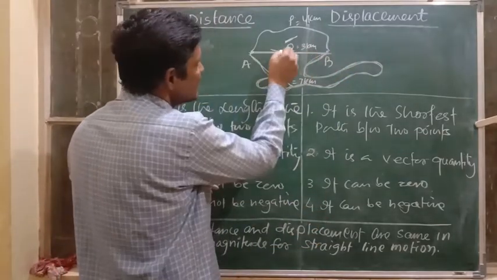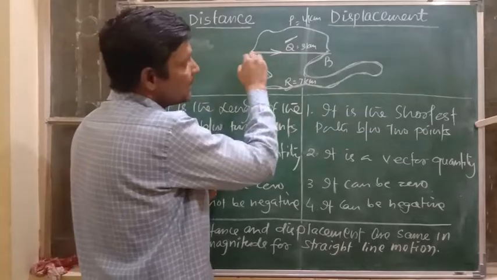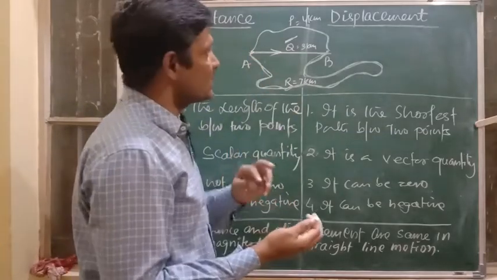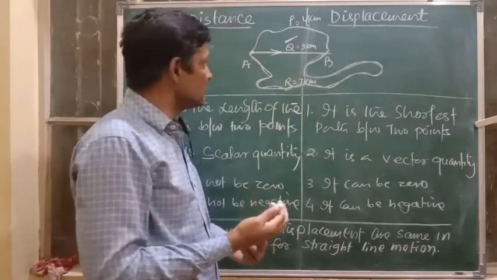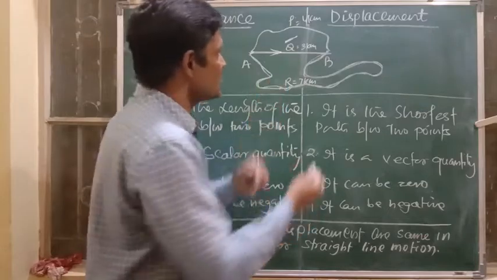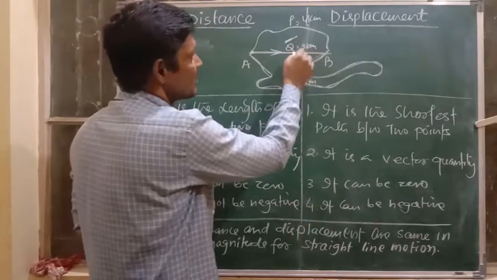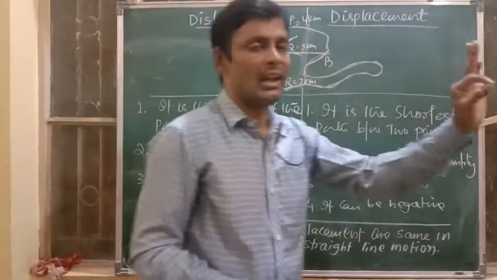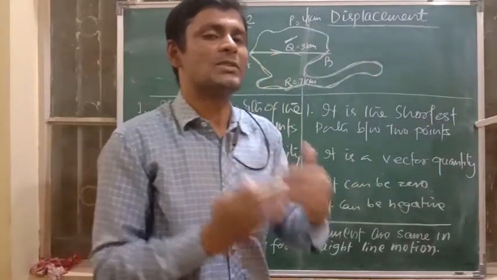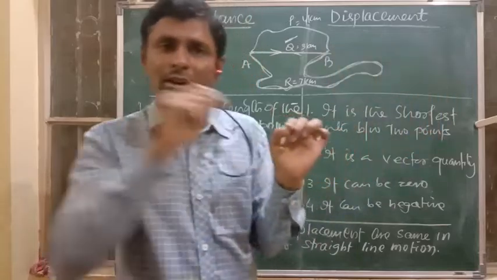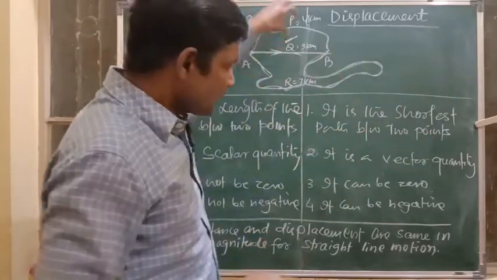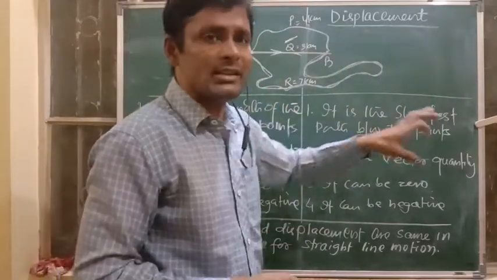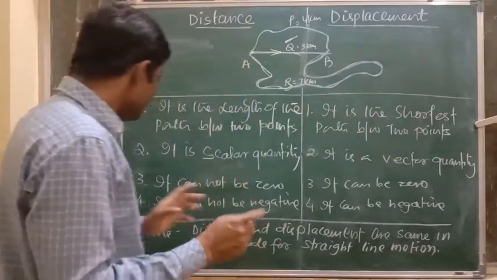So direction is A to B. But when I ask Q what is the displacement of A from B, then he has to start from B to A, and the direction will be this one. So displacement is the shortest path in a straight line and has a specific direction, from the initial to the final point. So displacement can be considered as a vector quantity.